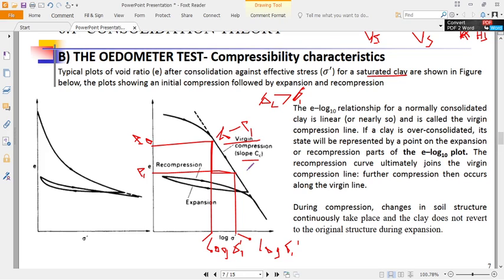So the same, which will be log of the initial effective stress minus log effective stress 1, which will give us Cc.